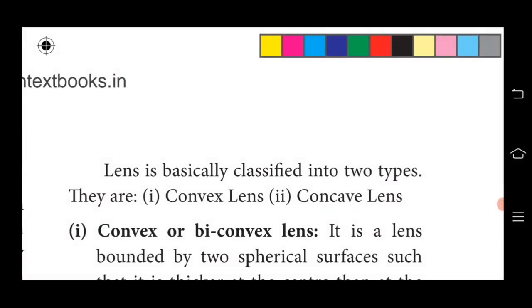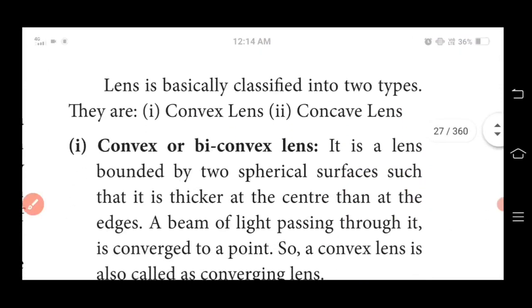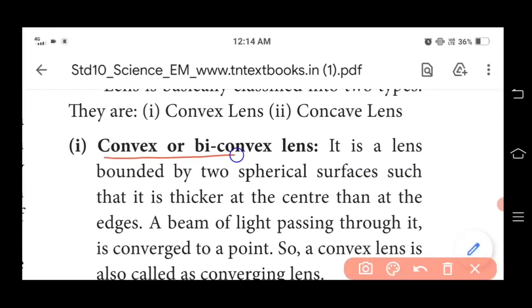Students, lenses are basically classified into two types. The first one is the convex lens, and the second one is the concave lens. First, the convex or biconvex lens. It is a lens bounded by two spherical surfaces, such that it is thicker at the center than at the edge.